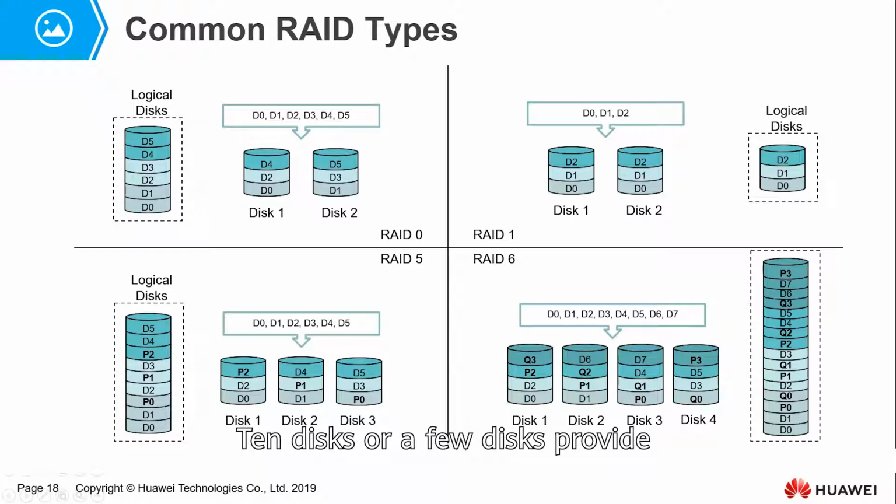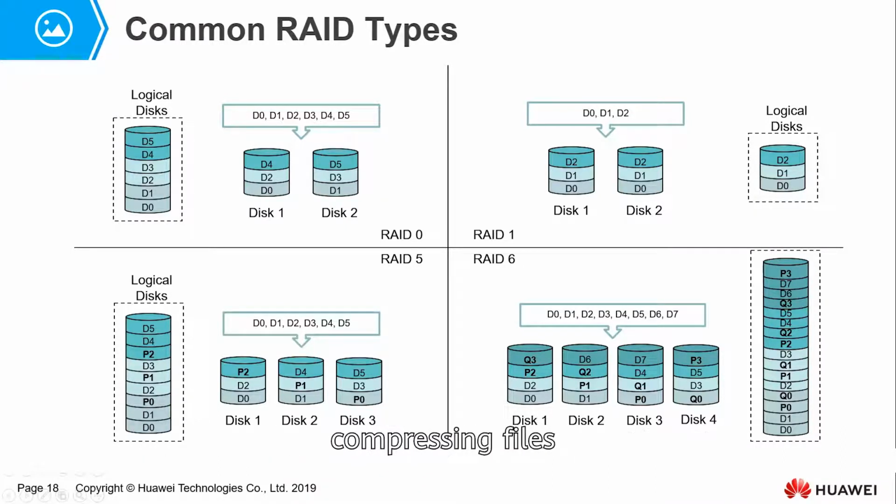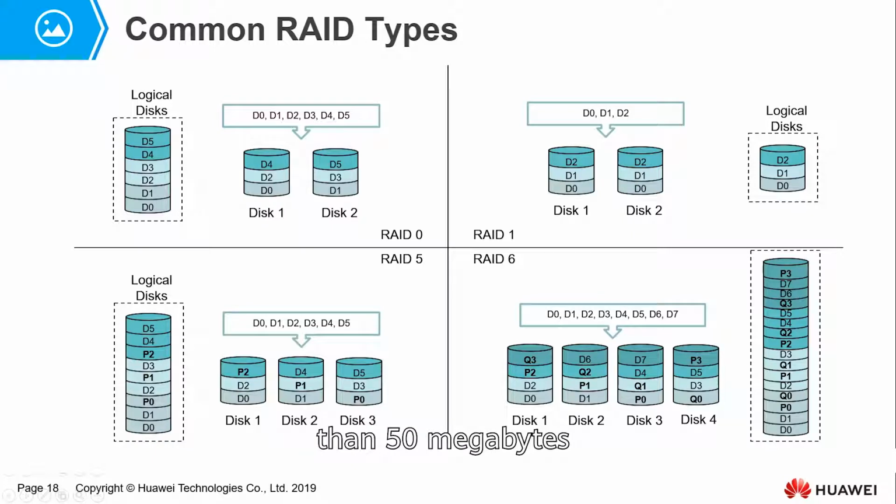10 disks or a few disks provide read and write speeds at the same time. This is RAID 0. However, RAID 0 has a problem. If the data on one disk is lost, the entire data is lost. For example, when compressing files, you usually compress the file separately if the maximum attachment of my email is no more than 50 megabytes and I have a 100 megabyte file.